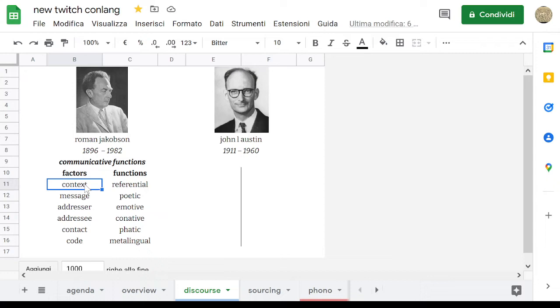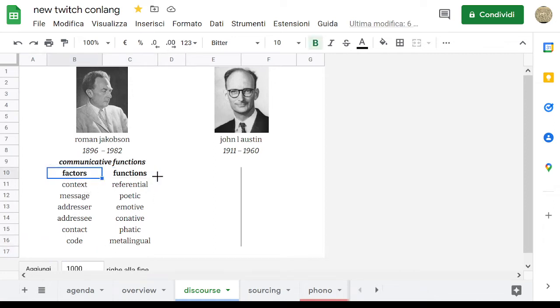So those are those 6 factors. So the context that you're in and that you're talking about, the message itself, the language that is spoken, like the words that are spoken, the person speaking, the person to whom they're speaking, what your means of communicating is, and then the fact that you are speaking, I guess, is what we can say code is here.